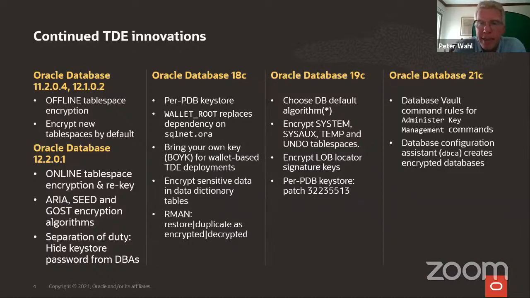With Oracle Database 19, we allowed you to change the database default algorithm, which is AES by default. Now in 19c, you can change this to AES192 and AES256, but only if you make this setting before you create your first key or before you create a key store. And that capability was backported to 11gR2, 12.1, 12.2, and 18c.